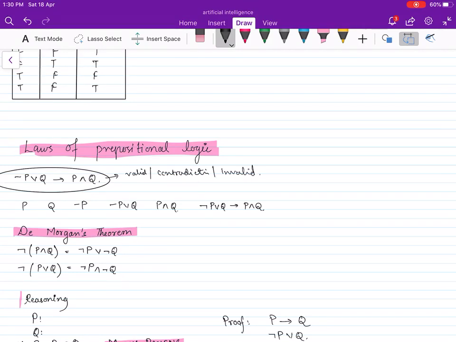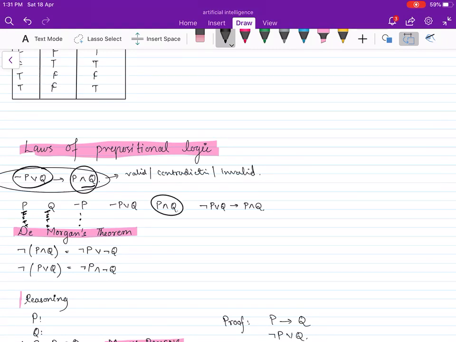So first we can have false, true, false, true, false kind of thing for P, and for Q that is false, false, true, true. And similarly we can fill all the entries of not P, then not of P or Q, then P and Q.